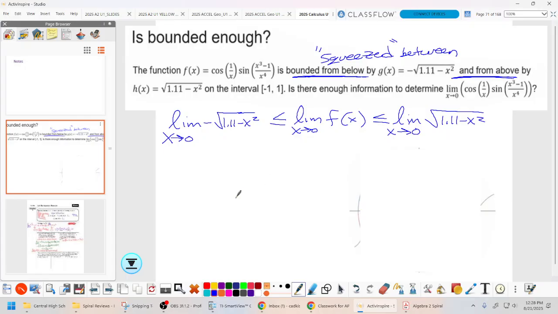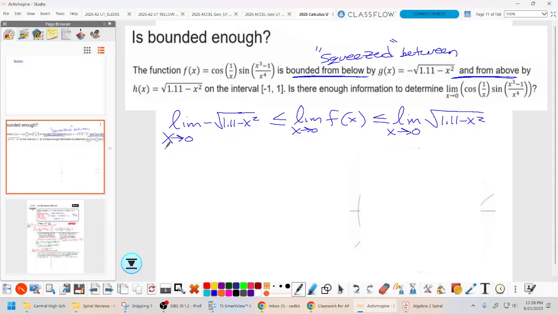Okay. We have no idea how to find the limit of the f of x function. It's certainly with our algebraic tools, it's not going to work. But because we were told that it does meet the first condition, it's squeezed in between. Now we can just find these limits. How would we do that? Yeah, there's nothing indeterminate, right?